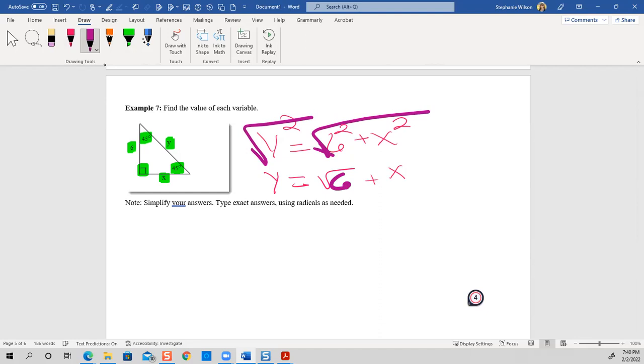So we end up with this, but this plus sign here, we can't separate it. When we solved for y, we had to take the square root of both sides to get that undone. So now y is equal to the square root of 6 squared, which is 36, plus x squared.